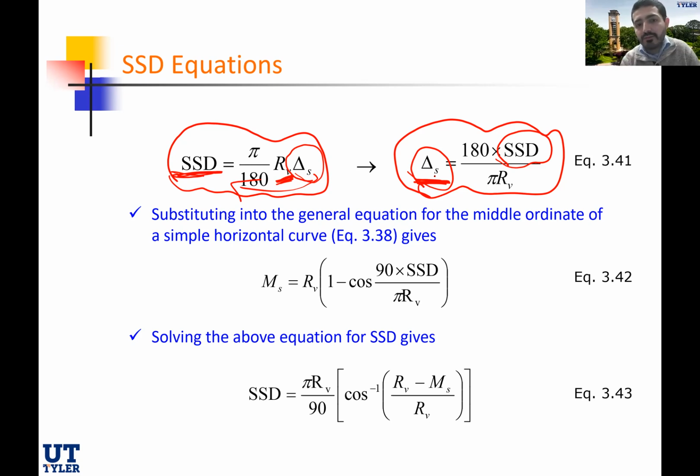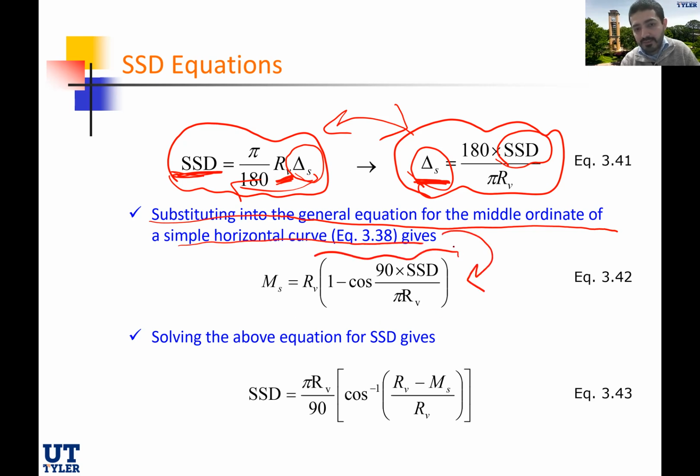If you substitute these two equations into the general equation for the middle ordinate of a simple horizontal curve, it gives us this equation for Ms. This is for designing the roadway. This is the minimum clearance that you have to have in order to achieve the minimum sight distance.